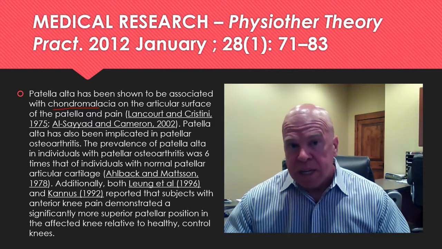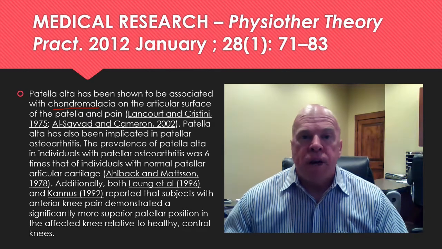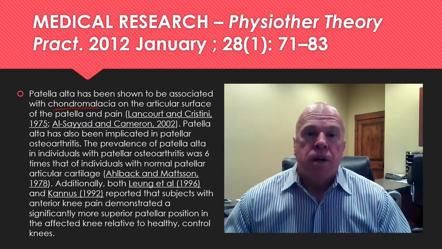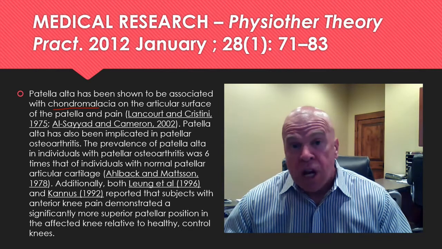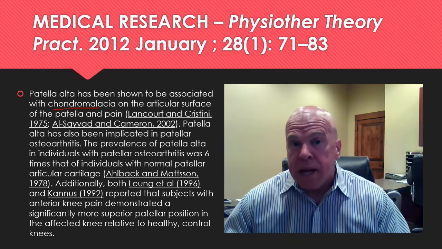So this examinee we've identified has patella alta. She has radiographic findings for patella alta. She has clinical findings for patellofemoral pain, and she has subjective complaints of patellofemoral pain.